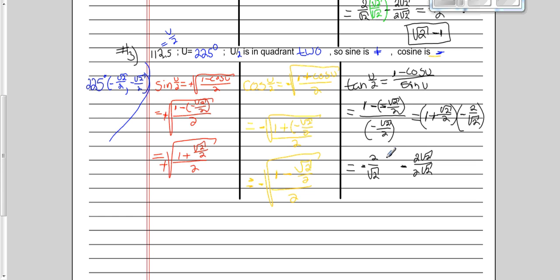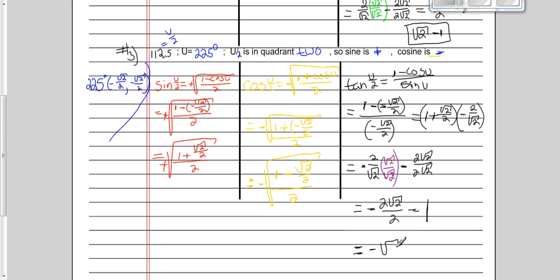Okay, and I'm going to go ahead and multiply the first part to rationalize the denominator. So square root of 2 over square root of 2. When I do that, I get negative 2 square root of 2 over 2 minus 1. And then I'm going to go ahead and simplify the first part there.